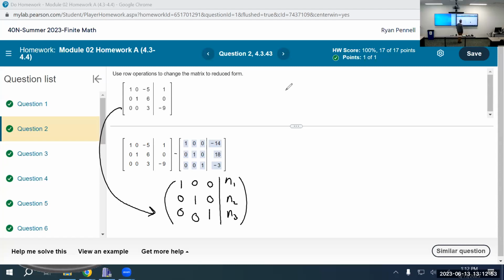Then I'll have a solution to this system, a unique solution. Ideally, I could reduce this and it would become something like that. That's my goal.